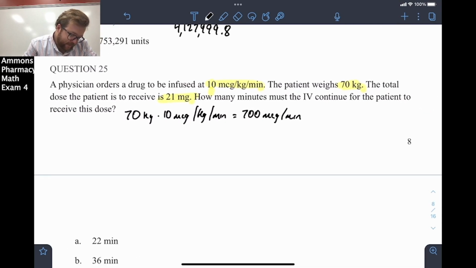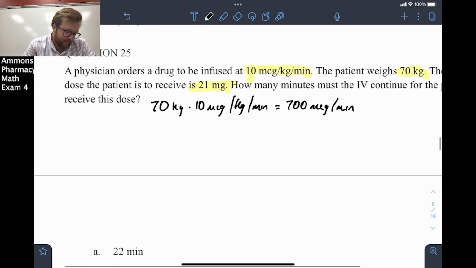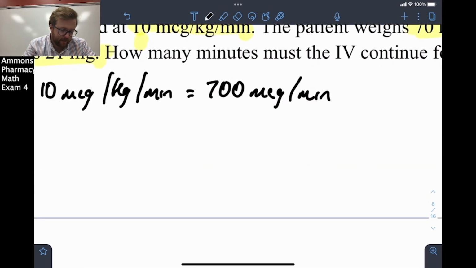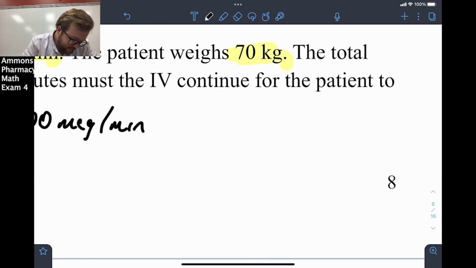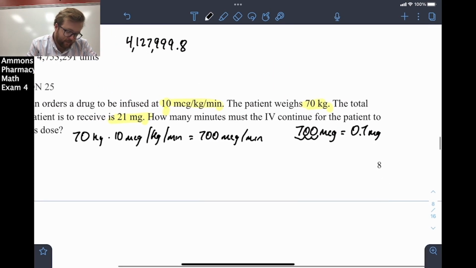It says the patient is supposed to get 21 milligrams total before we stop it. So how long does that last? So once again, I have milligrams for the dose that they need to receive, and I have micrograms for the dose I have. I'm going to go ahead and convert my micrograms to milligrams. As you remember, micro is 1 million, milli is 1,000, so we just take off 3 decimal places. So it turns into 0.7 milligrams per minute.